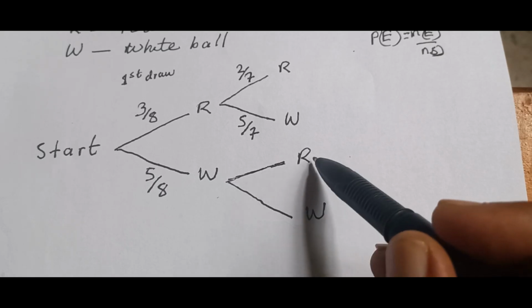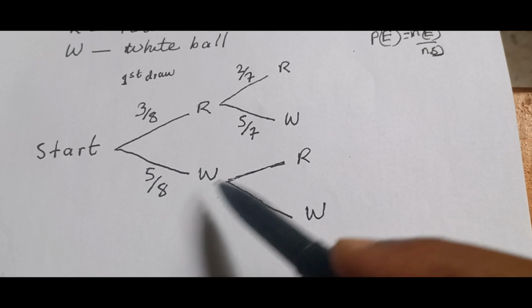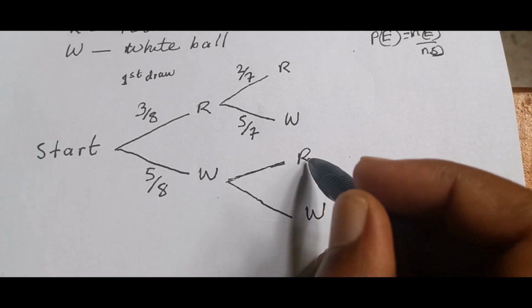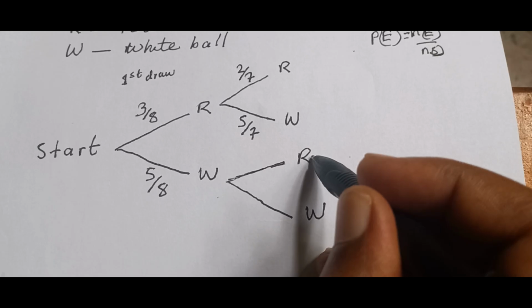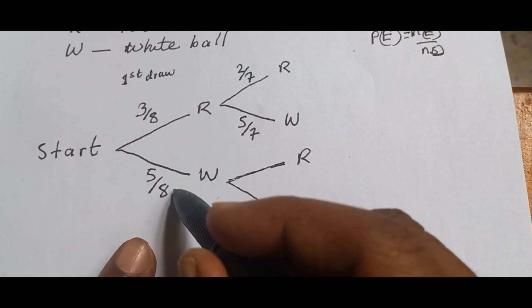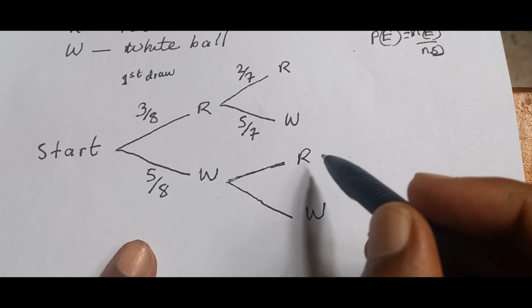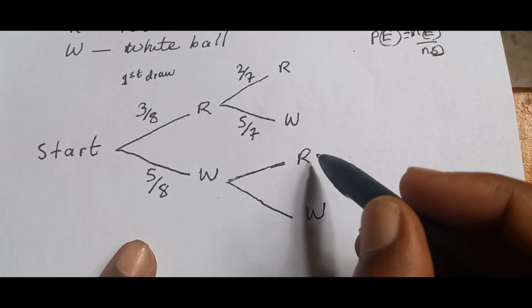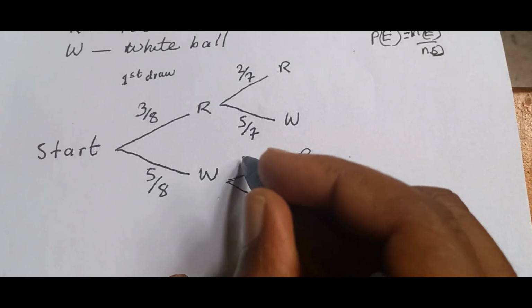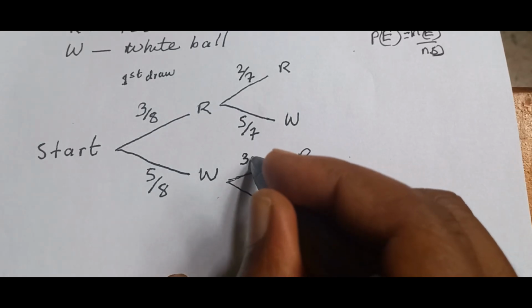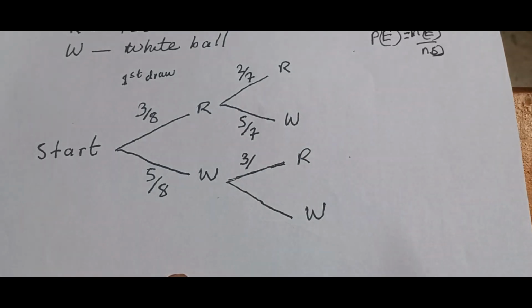The probability of drawing a red ball if the first ball drawn is white is equal to the total number of red balls, because we have taken one white ball, so the number of red balls is not going to be affected. So we remain with 3 red balls over the sample space.